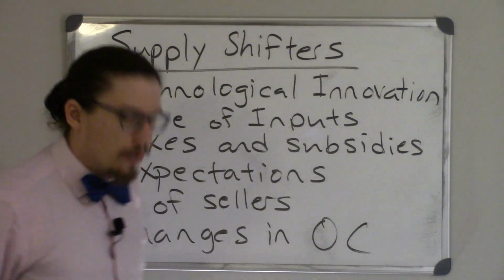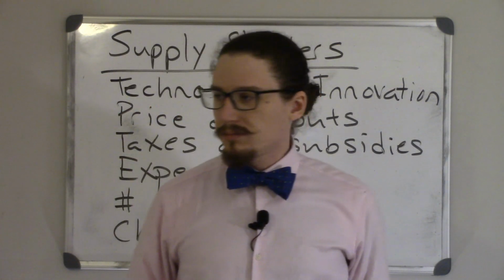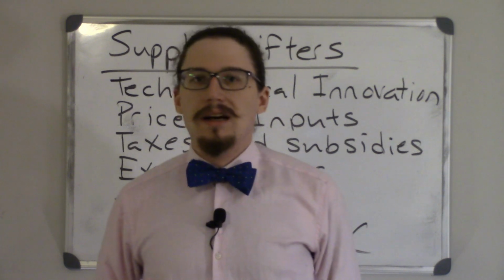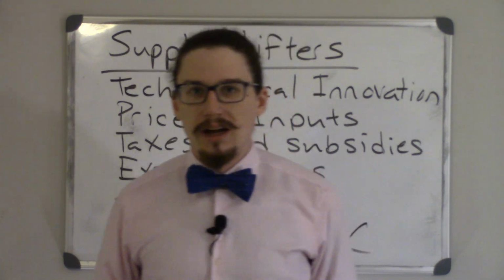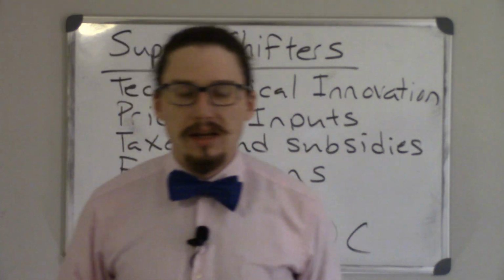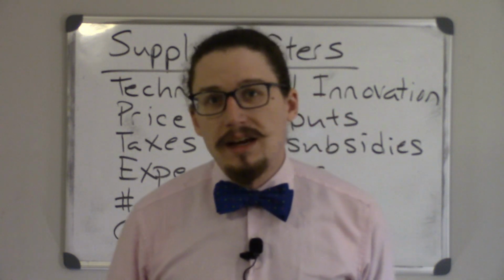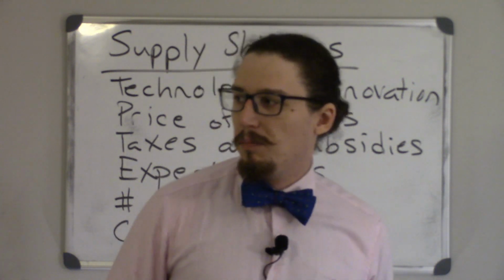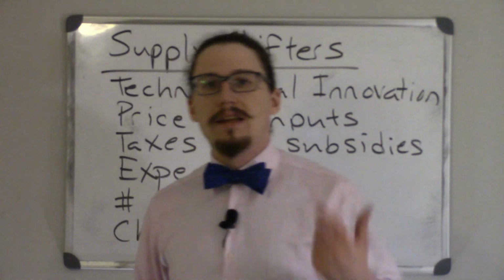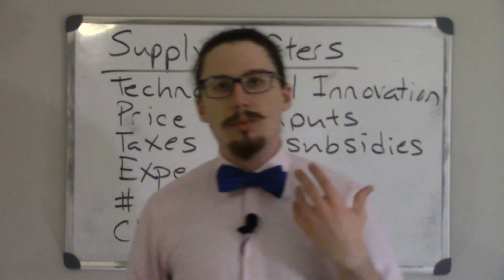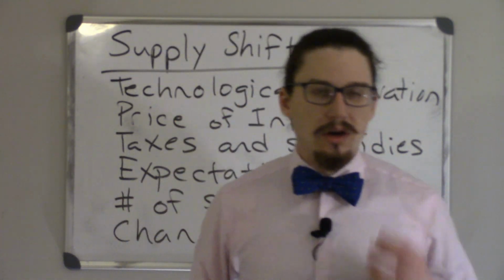So technological innovation. Think the assembly line, think the internet, think the wheel, pesticides, what have you. Technological innovation is anything that makes it more efficient to produce a good.